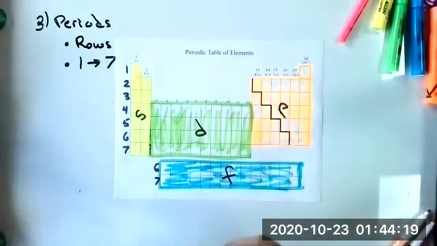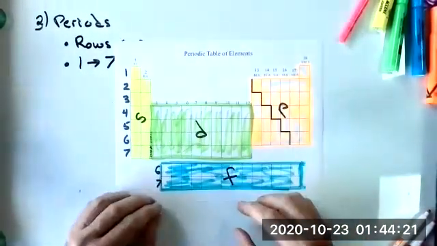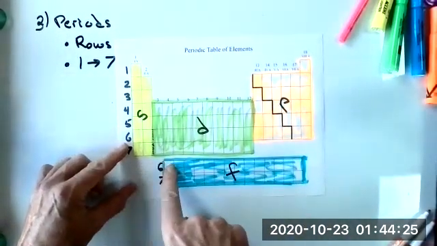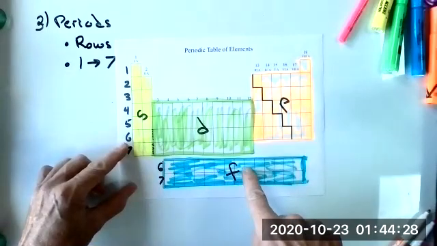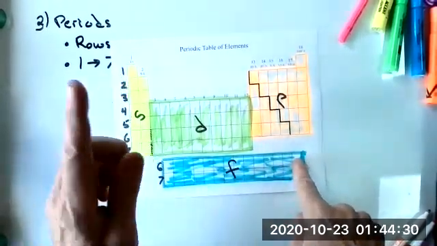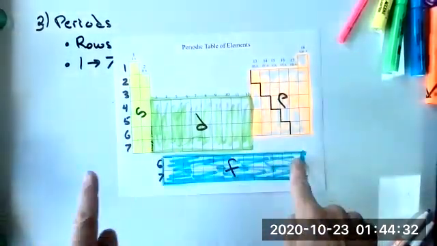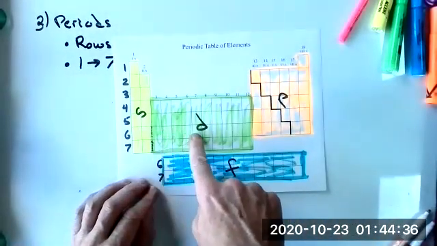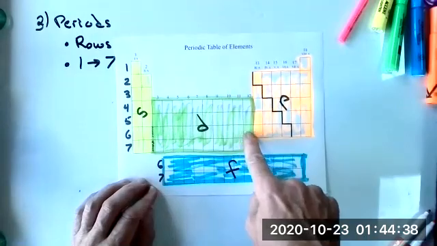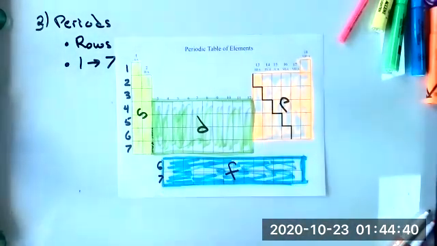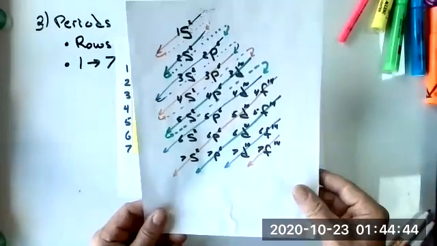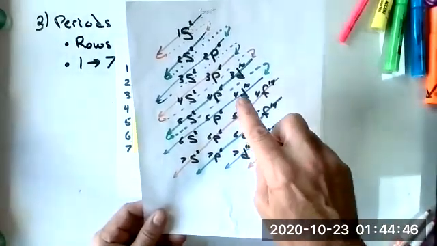That's why the break occurs, and they have gone from here down to here, because these guys fill up the F sublevels. And once the F is full, according to your lovely flow chart, poof, you go back into the D's. And once the D's are full, you hit the P's. What am I talking about? I'm talking about this. Because look.